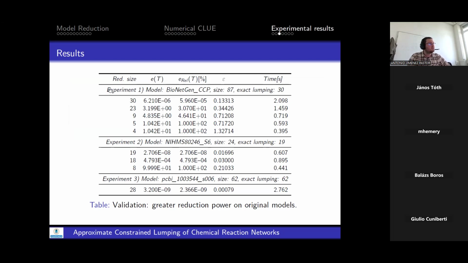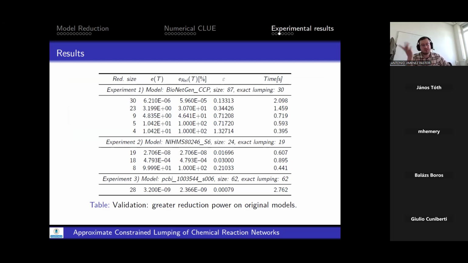So in the first one, the exact lumping was of size 30. And we see if we have a very small epsilon, we don't gain anything. We still have 30 in the reduction. But as we increase the epsilon little by little, the size of the reduced model is decreasing more and more. This is good in some sense because then simulating things is faster, but there is one problem.